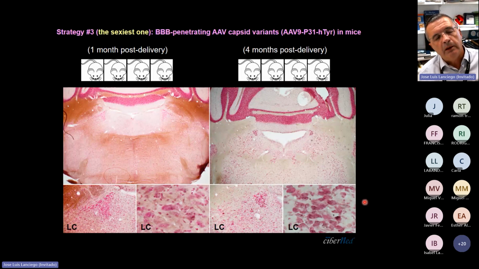Not at the same level of pigmentation as in the substantia nigra. It seems that the substantia nigra and the VTA with the same survival period are going to be much more heavily pigmented than the locus coeruleus. But at 4 months, most of the neurons in the locus coeruleus will exhibit a mild amount of neuromelanin.